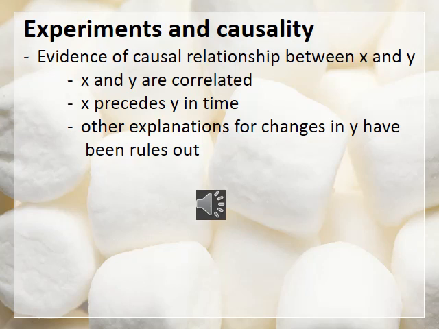Y is being affected by X, X causes Y. So there is a correlation between X and Y. It's been shown that spending a lot of time on social media is correlated with a low self-esteem. I'm good with my first criteria.